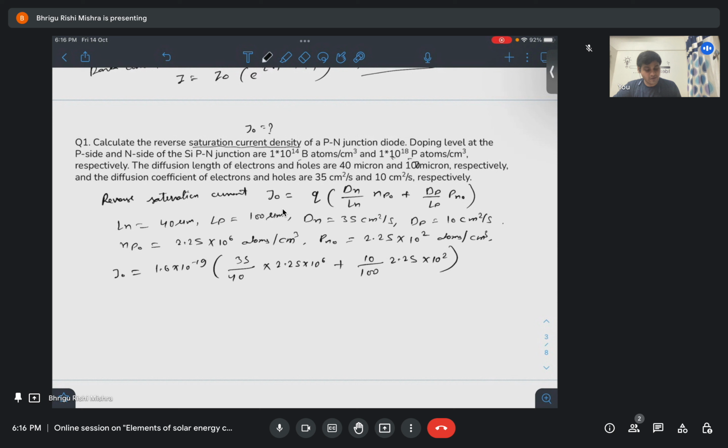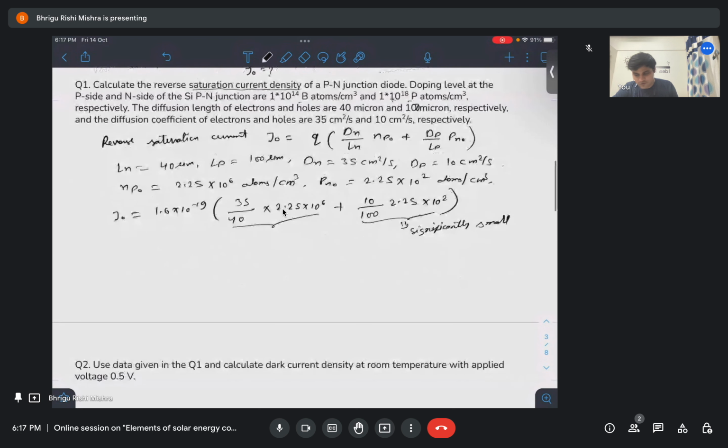Now if you compare these two, this is significantly small compared to the first one, so we can neglect this. So J naught can be written as 1.6 into 10 to the power minus 19 into 35 by 40 into 2.25 into 10 to the power 6.